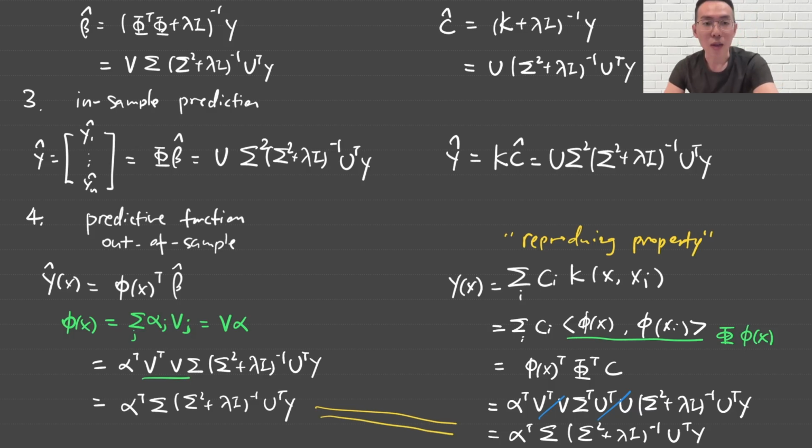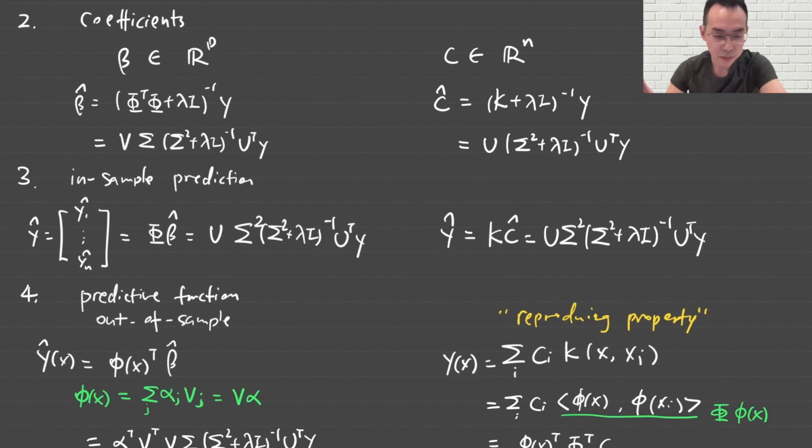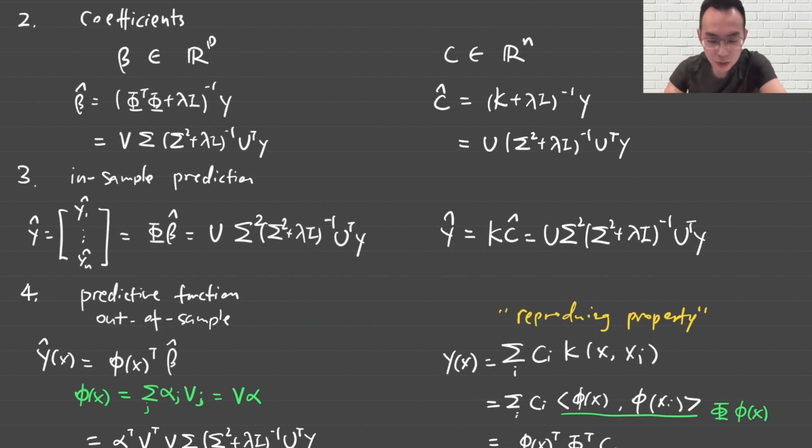Okay, good. So that means using the kernel trick, we have the reproducing property to get the exact same function as we have for the explicit feature map. And here's something I want to say: if you compare the coefficients, our beta lives in p-dimensional space. What this means is that in our feature space we are building our predictive function using p independent functions, right?